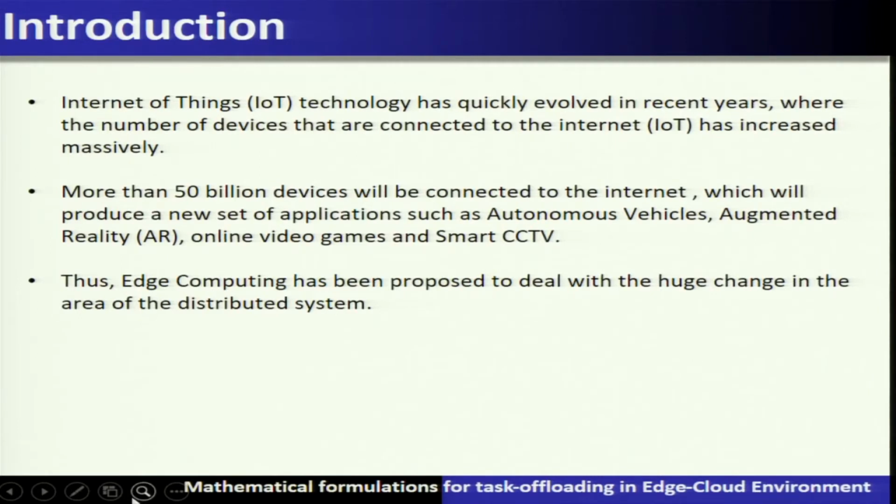More than 50 billion such IoT devices, deployed in various applications such as industry 4.0 applications, smart city applications or other mission critical applications, will be connected to the internet and will produce a new set of applications such as autonomous vehicles, augmented reality, online video games, smart CCTV.